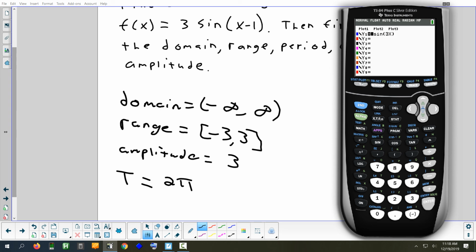Right, now we got to type it in. 3 sine x minus 1. We've done everything right. You should see exactly 3 cycles. And you will. Okay. Any questions on that?